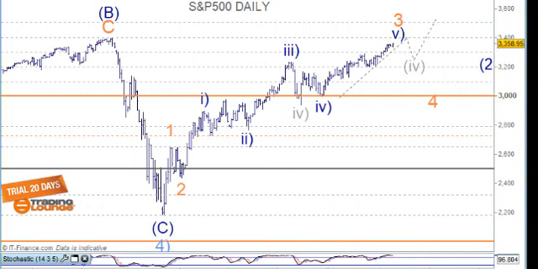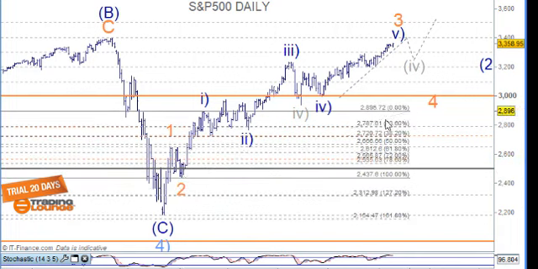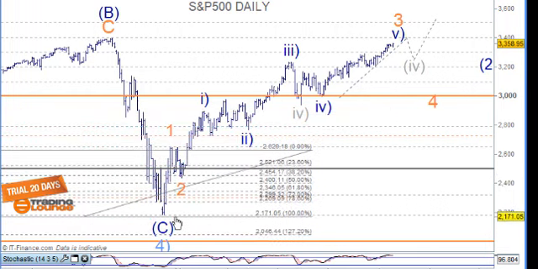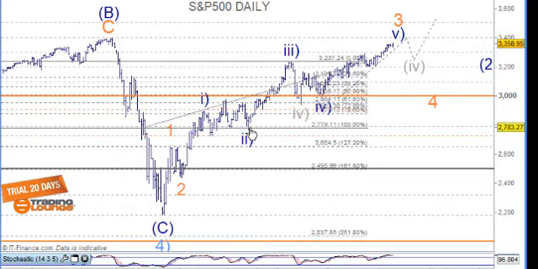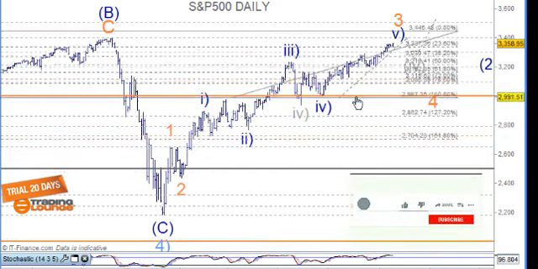The other thing I noticed is that if I take the length of wave 1 here, a lot of these trends are the same size. If I take it to the low of wave 2 here, then it takes us into the top of wave 1, so it's the same length. And then I take it from this wave 2 to this wave 3, and the same here as well.